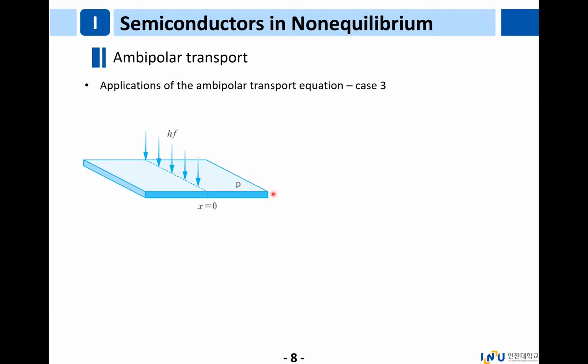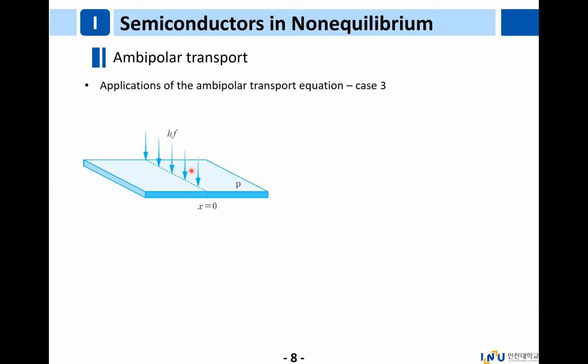So considering a p-type uniform semiconductor in the xy plane without an applied electric field, let's expose the region at x equals 0 with constant intensity light.